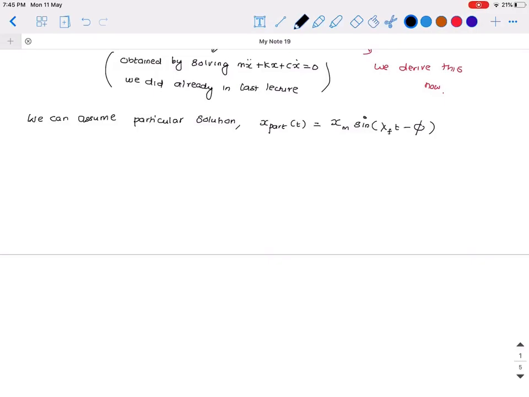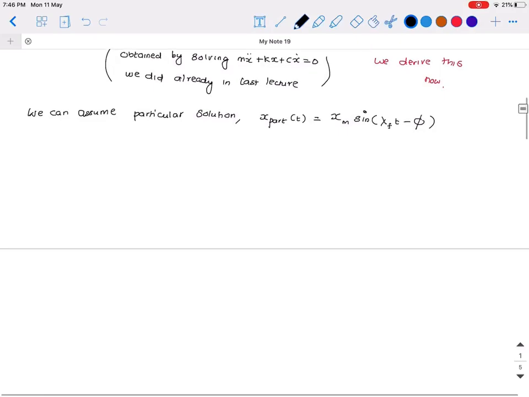How can we write it this way? The reason for writing the function like this is that the system is subjected to sinusoidal forcing.